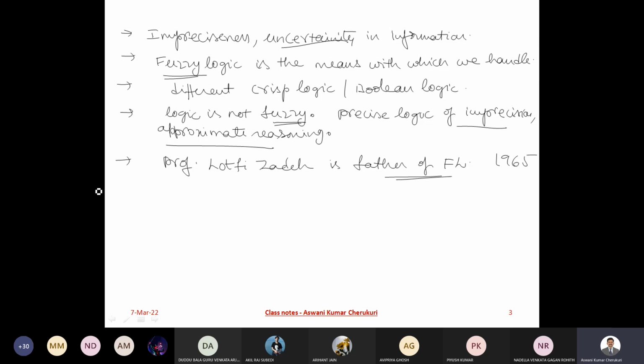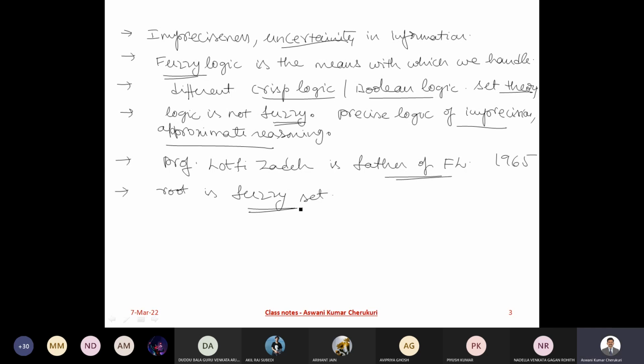The base root for fuzzy logic is fuzzy set. Just like your crisp logic or Boolean logic is rooted in classical set theory, fuzzy logic is rooted in fuzzy set theory.